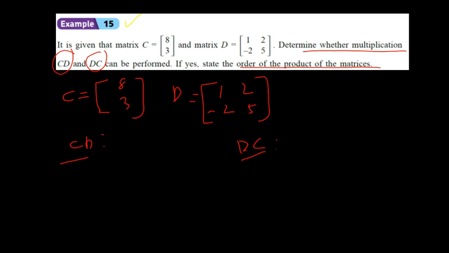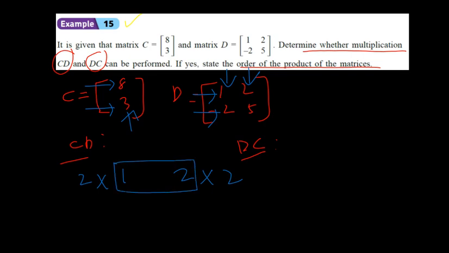For matrix C, we look at the order first. The order is 2 by 1. And then for D, it's 2 by 2. So we look at the center here. It's not the same. The column of matrix C and the row of matrix D are not the same.